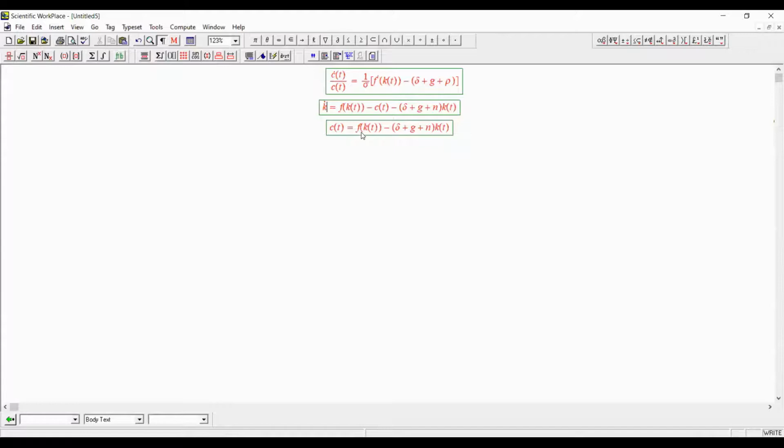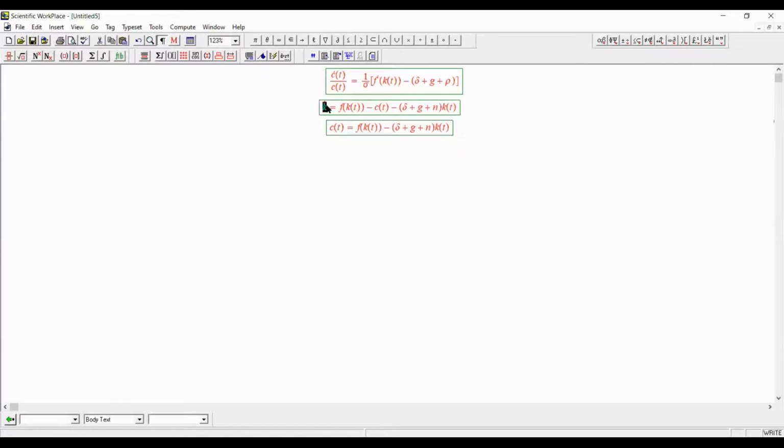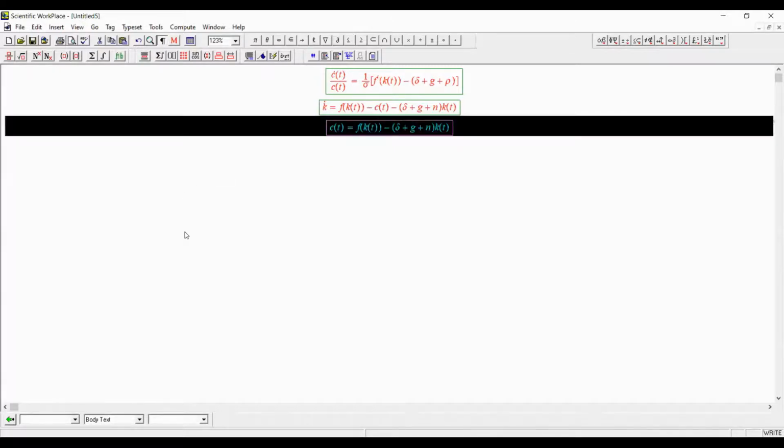Again, remember that this is our state equation. The locus we're interested in, the line we're interested in, is the one where K dot equals 0, which, as we showed earlier, is a line described by this relationship.